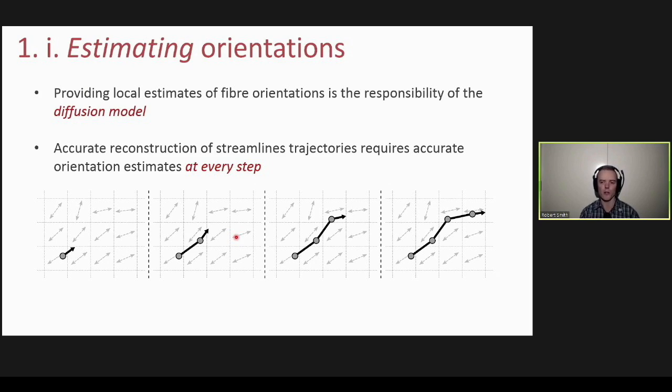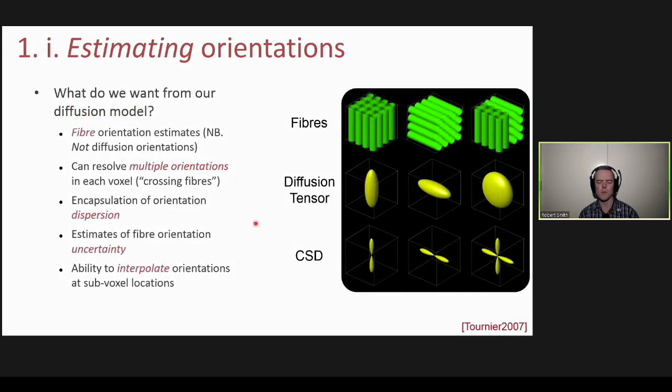It only takes one single incorrectly estimated orientation for your streamline to go in completely the wrong direction. So when comparing different diffusion models, we can think about different attributes that we want our diffusion model to have in order for it to be sufficiently robust for tractography.